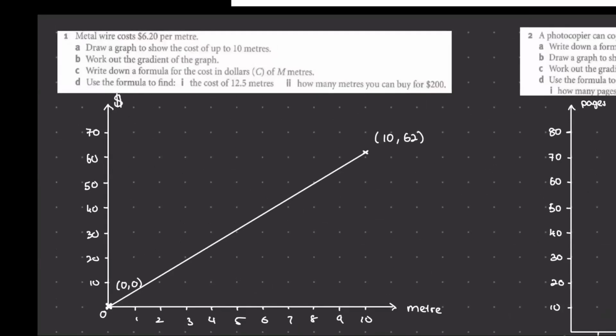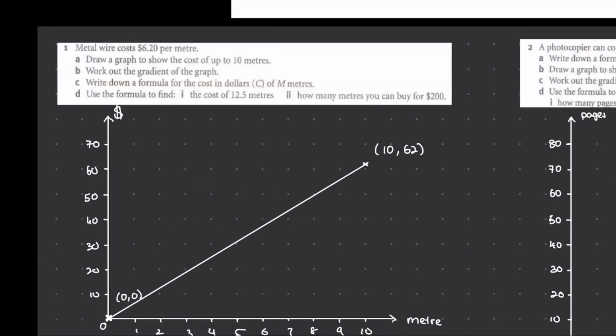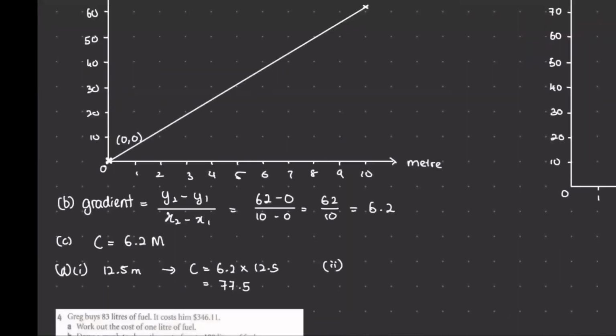Next one is use the formula to find the cost of 12.5 meters. So D1, 12.5 meters. So we need to find the cost, which is equal to 6.2 multiplied by 12.5, and we can get our answer, 77.5. And for the second one, how many meters can you buy for $200?